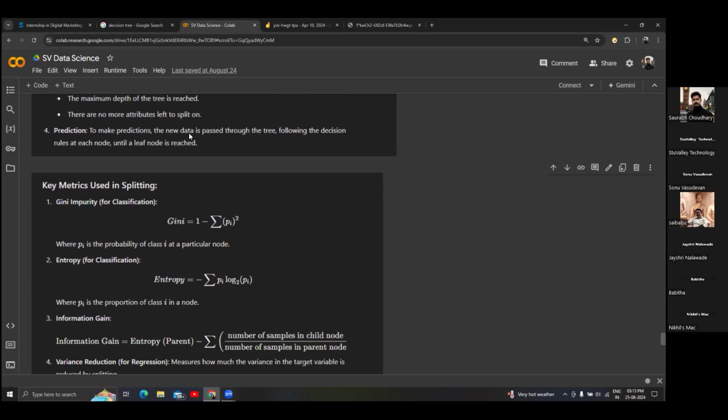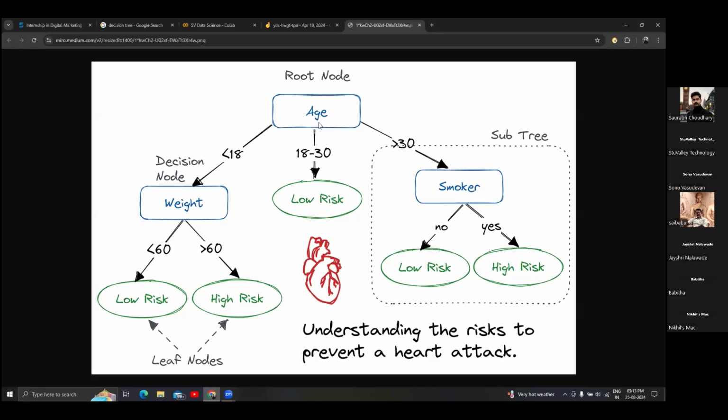To make a prediction, the new data is passed through the tree. You can pass a new row and follow the tree to get the answer.